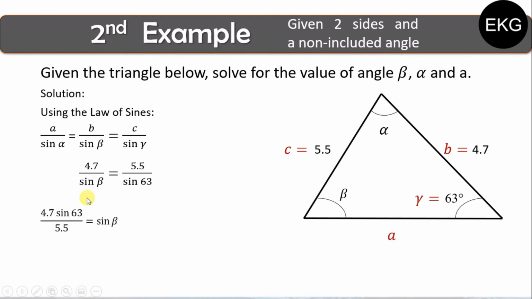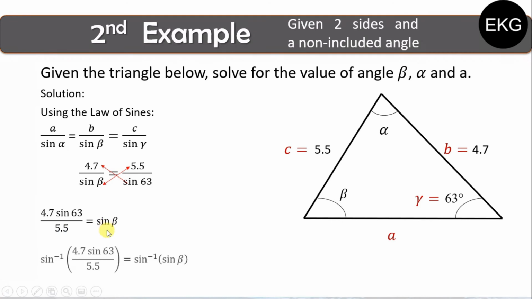Okay? Then to solve for sine beta, angle beta, what we will do is itong sine 63 na nasa ilalim ng 5.5, because multiply natin, pupunta siya sa ibabaw. And then, itong sine beta, pupunta siya sa ibabaw, while itong 5.5 pupunta sa ilalim ng 4.7, which is, yan yung nangyari dito. Sine beta nasa ibabaw na, then 5.5 nasa ilalim ng 4.7.